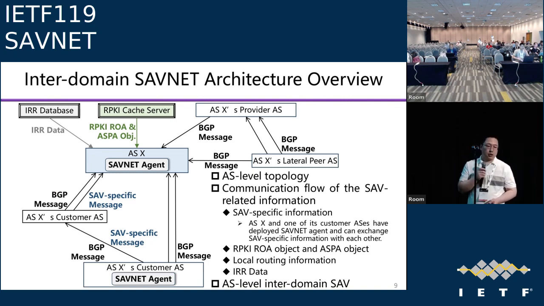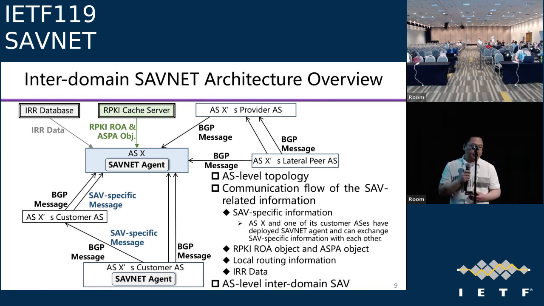Let's overview the inter-domain Savnet architecture figure. The architecture figure displays an AS-level topology and the communication flows of all the cell-related information. Here, we use ASX as a representative to describe the AS-level topology and illustrate what cell-related information the Savnet agent within ASX will collect and where the information is from.